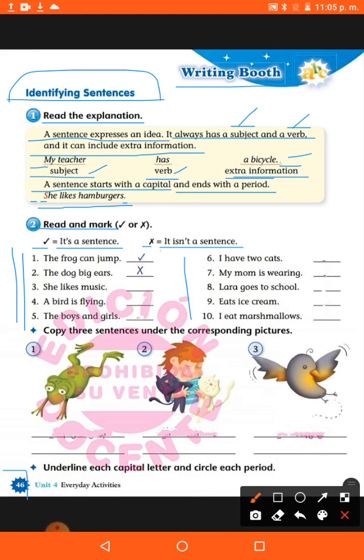Okay? Here you have an example. Let's read the first sample. The frog can jump.